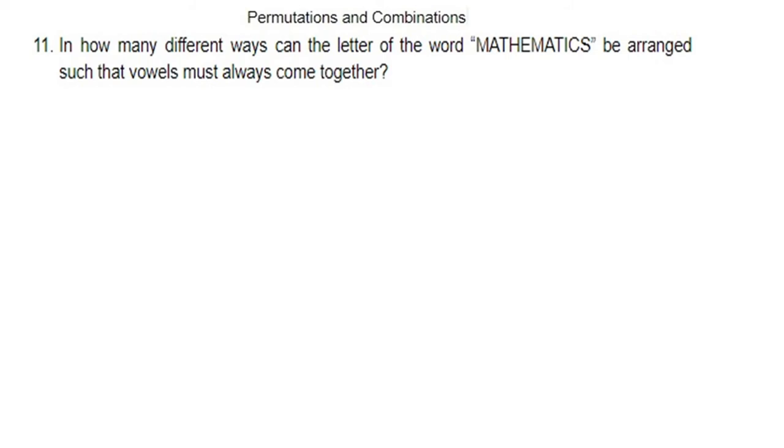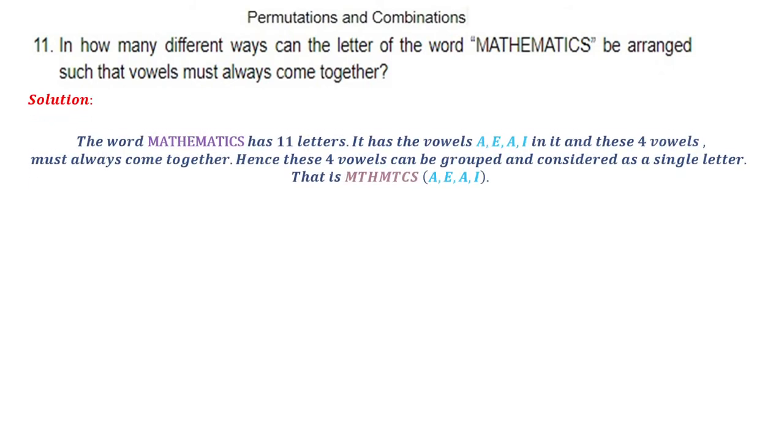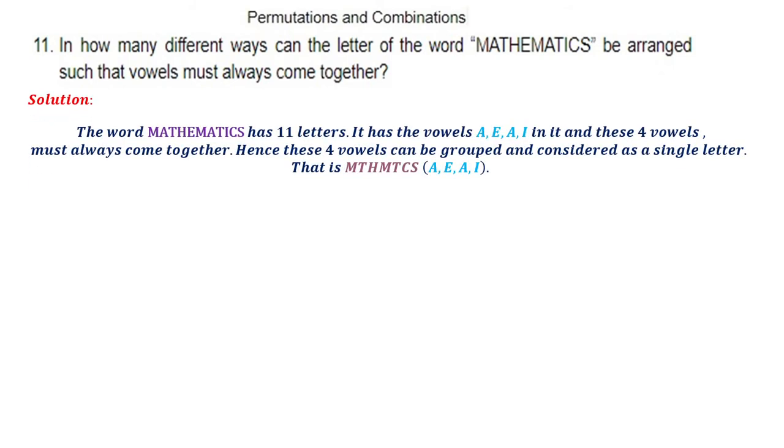Now for MATHEMATICS. Let's check. How many vowels do we have? We have 5, A, E, I, A. Oh, 4 only pala, because it's A, E, A, I. When we count all the letters, 1, 2, 3, 4, 5, 6, 7, 8, 9, 10, 11.